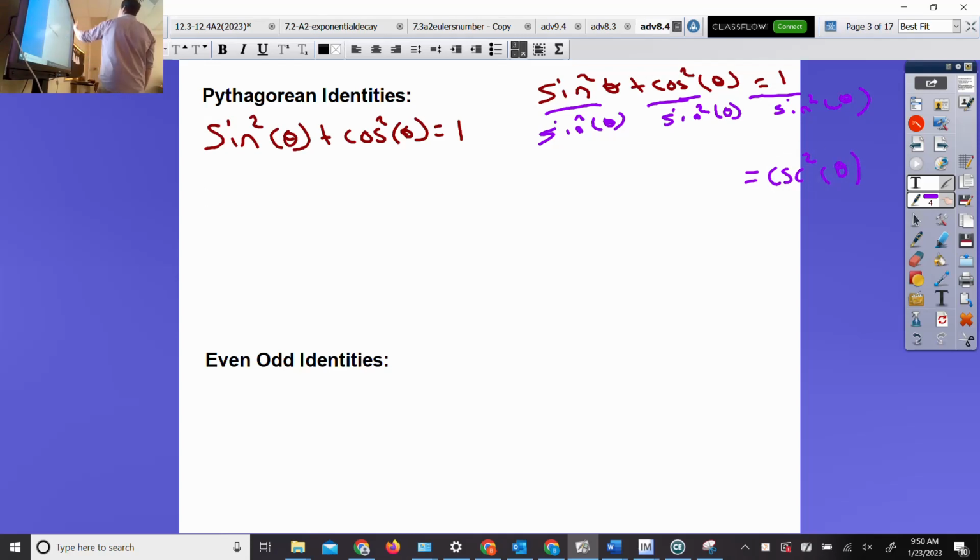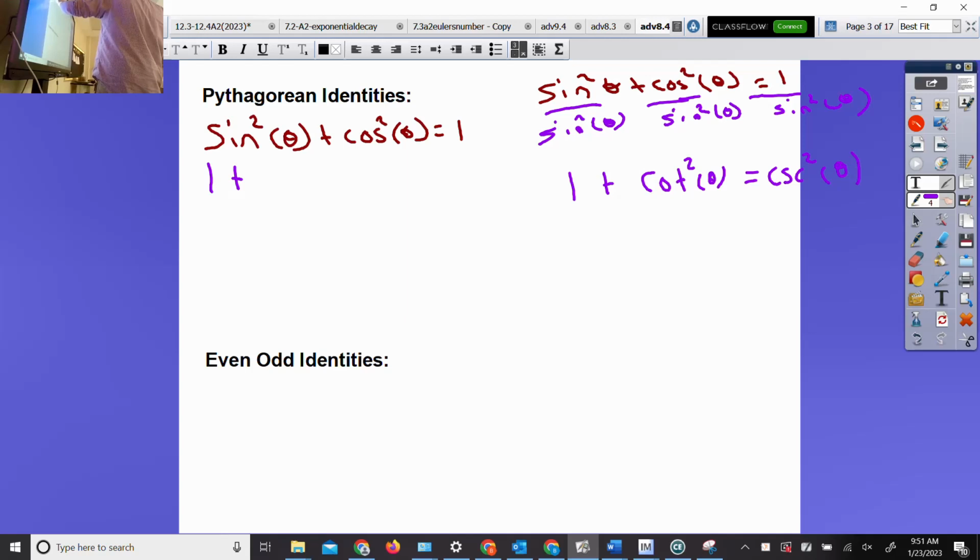How about sine squared over sine squared? 1. Ignoring the squares, let's see, cosine over sine. Cotangent. But they're both squares. Okay. Cotangent squared. All right, there's the second one.